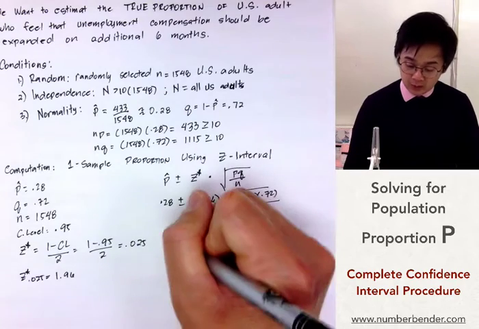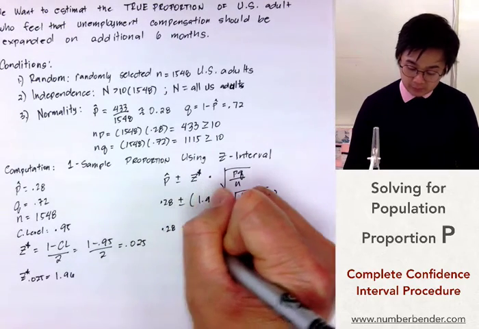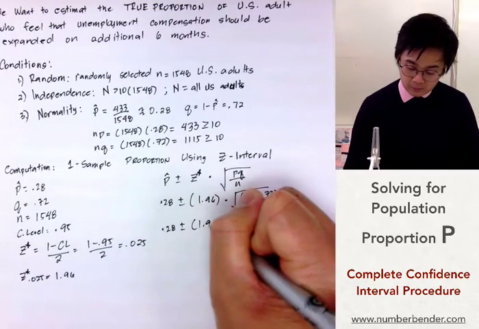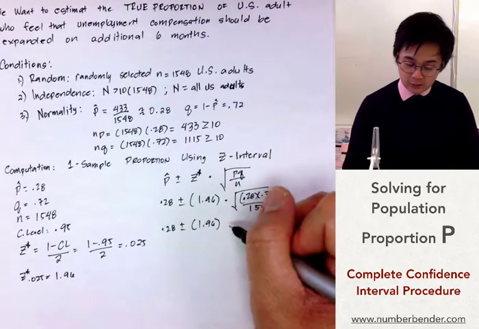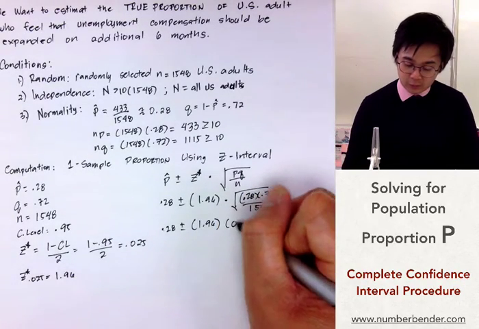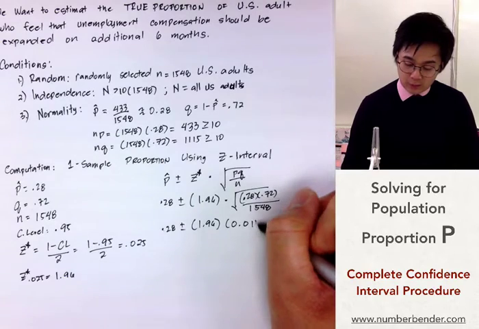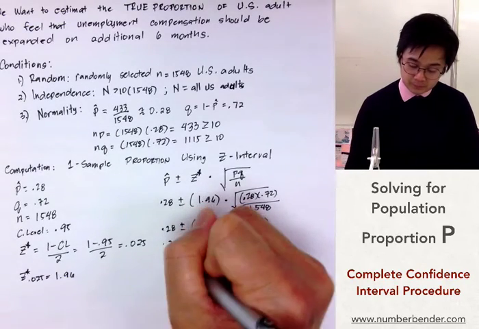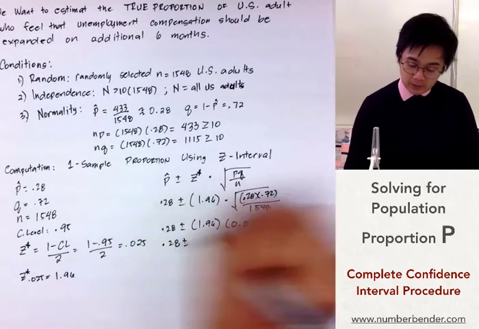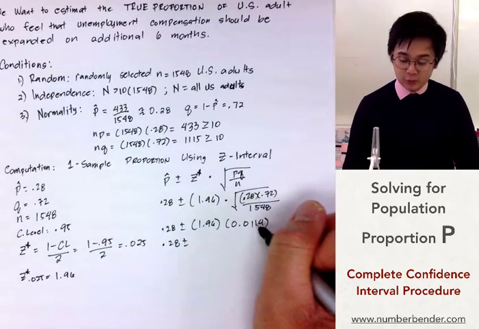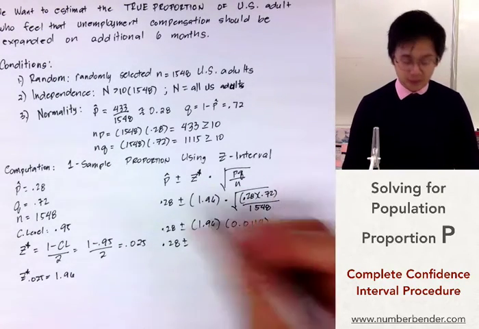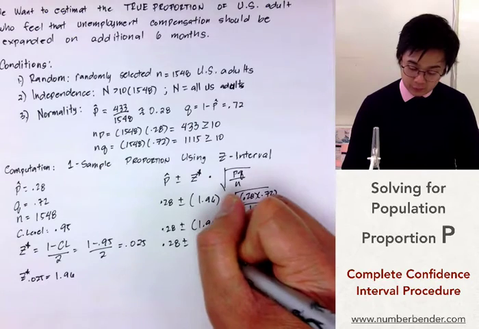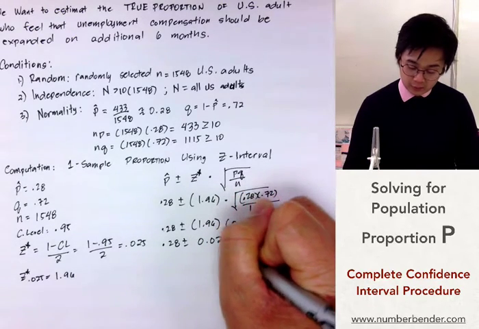Using our calculator, we'll be able to generate the confidence interval. I'm not going to show it anymore, but it's going to be 0.28 plus or minus 1.96 times the standard error, which on the calculator is 0.0114. When we multiply these two together, we get our margin of error, which is 0.022.